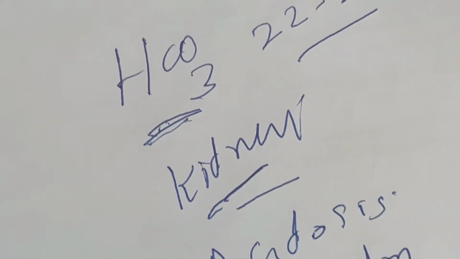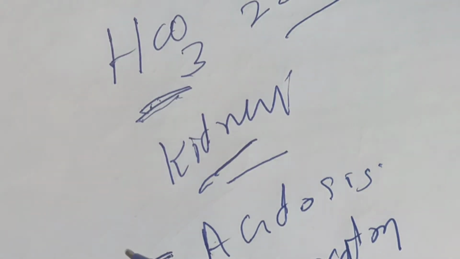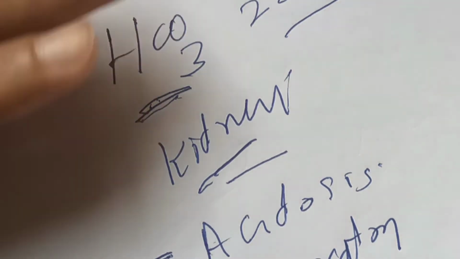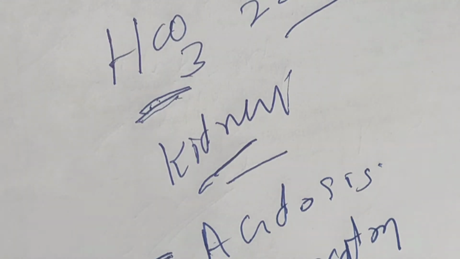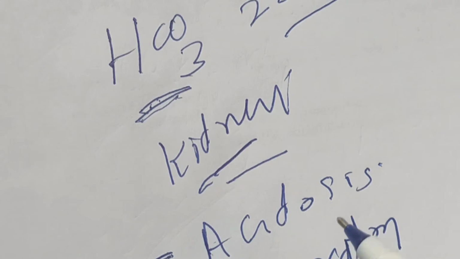The third question: is it compensating or not compensating? Keep these 3 questions in your mind. How do you know this? Just remember the normal ranges of these components. Then I will give you an example and show you how to interpret the ABG.